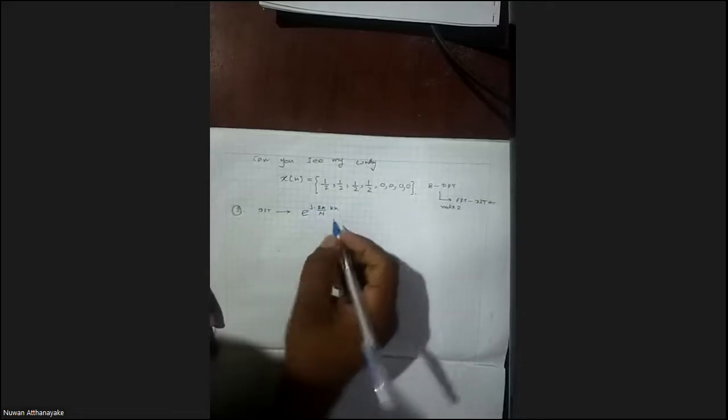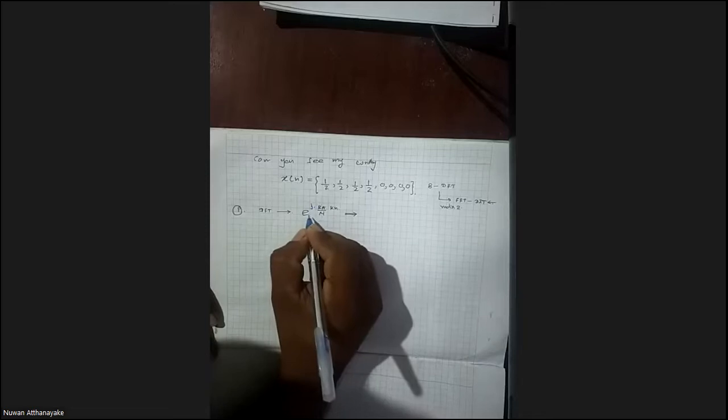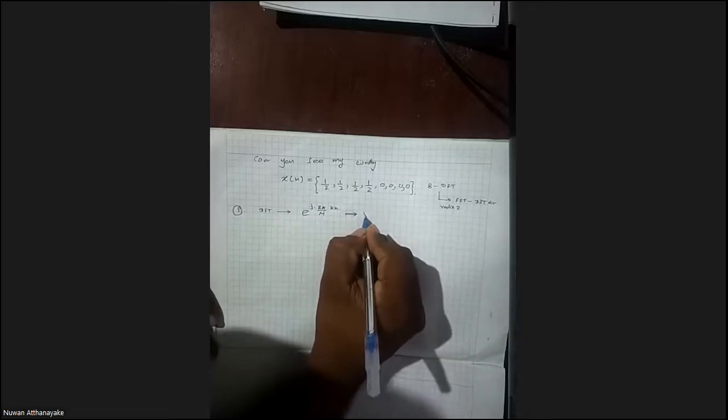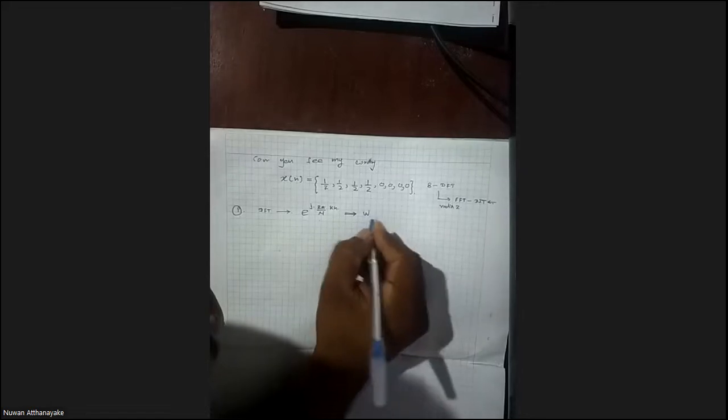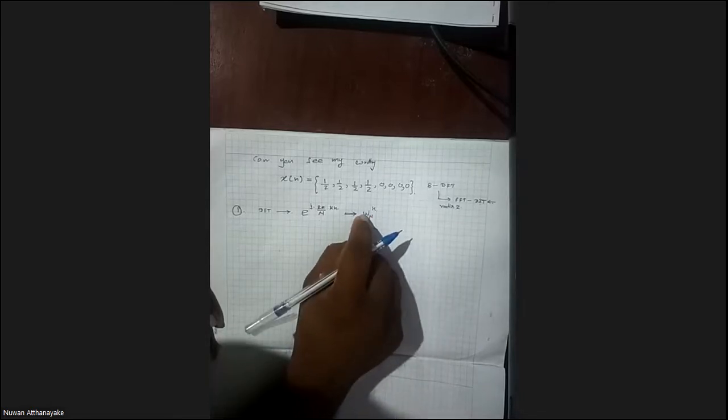This quantity is also represented as W_N^{kn}. Can you remember? It is all represented like this.